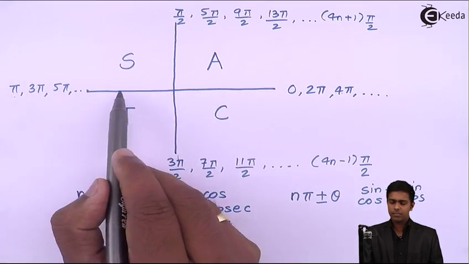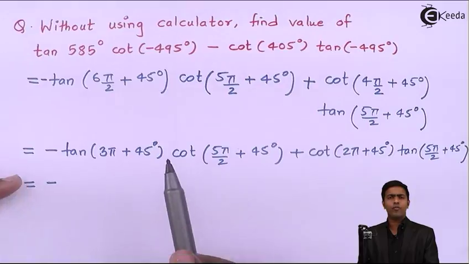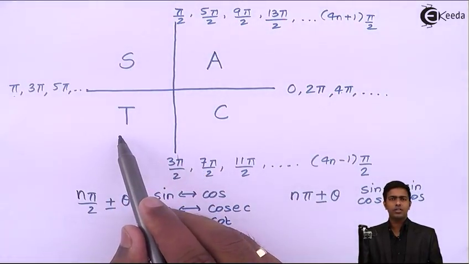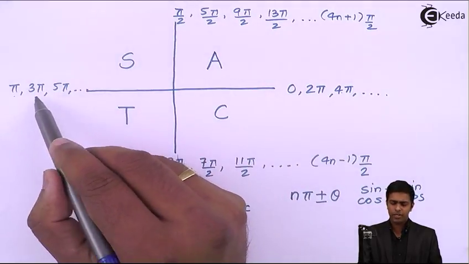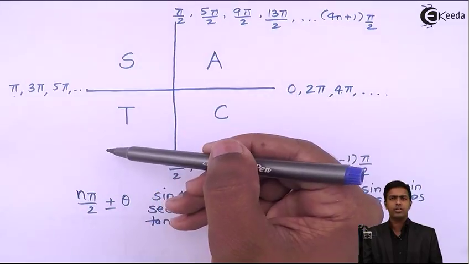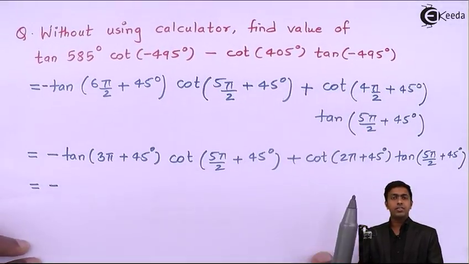So 3 pi is here and we want plus 45. If I add more 45 in this 3 pi, then that angle will go in the third quadrant. Whenever we subtract some angle from 3 pi, it goes in second quadrant, and whenever we add something it goes in third quadrant. So it means our angle lies in third quadrant.